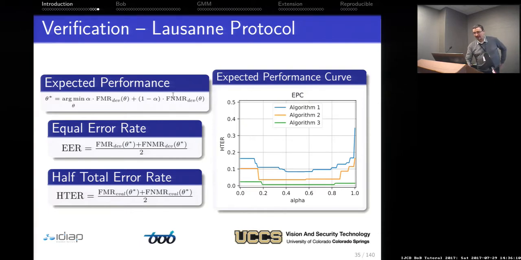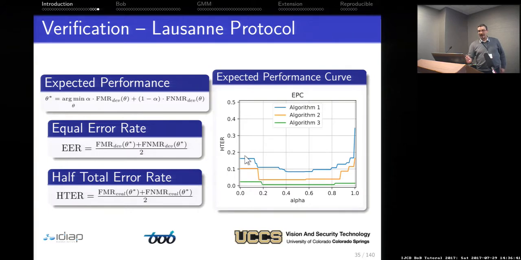So you take the scores, the false match rate and the false non-match rate of your development set, and compute a threshold by minimizing that, where alpha slides between the false match rate and the false non-match rate, so a high false match rate and a high false non-match rate.